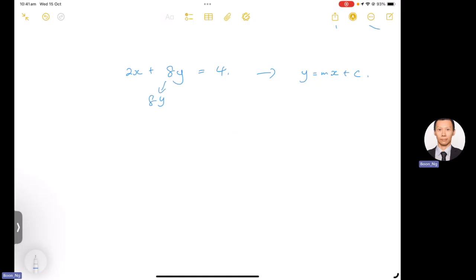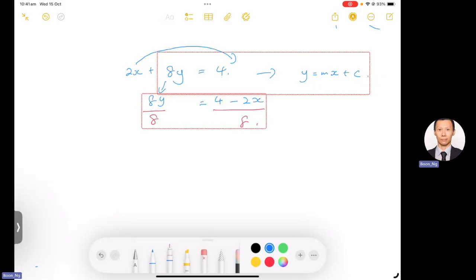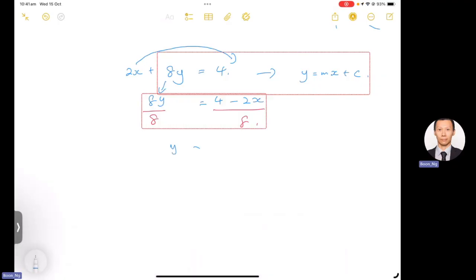We copy 8y equal 4, and then we move 2x to the other side, negative 2x. We need to divide both sides by 8, and we get y equal 4 over 8 minus 2 over 8x.